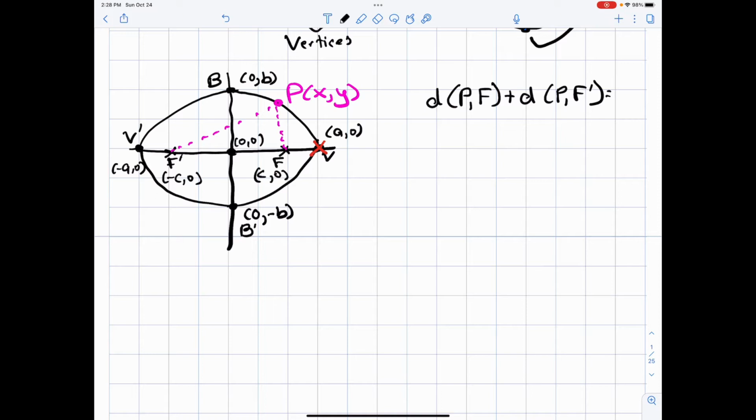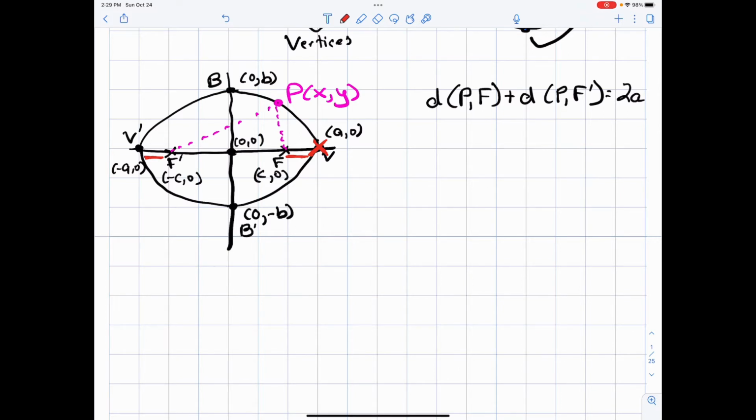Well, if you imagine point P as being where I made that red X, that would actually come out to 2a. And since it has to be consistent all the way around the ellipse, it doesn't matter where point P is located, it will still equal 2a. Because if you look at where A is right now, this red X, you've got the distance between the red X and F. That's the same as the distance over here between V prime and F prime.